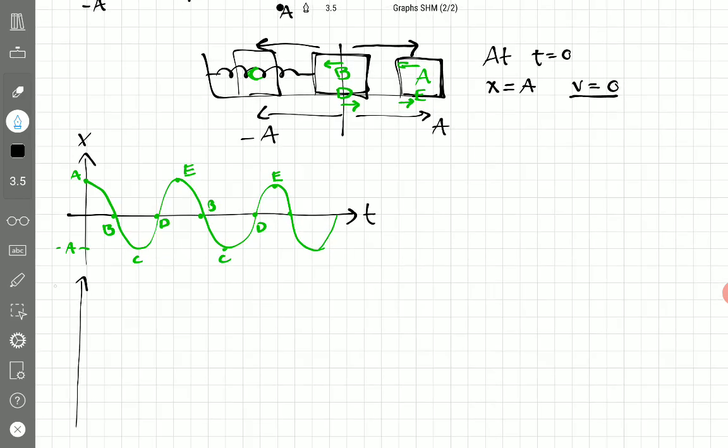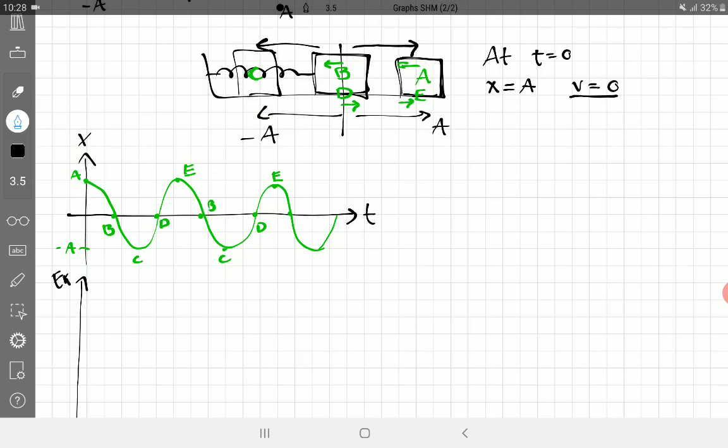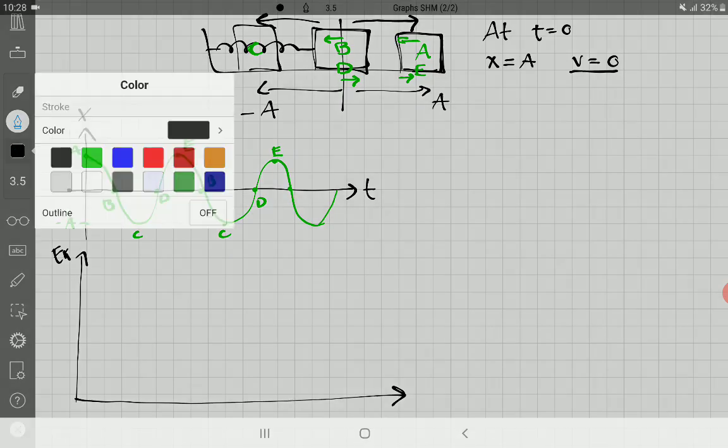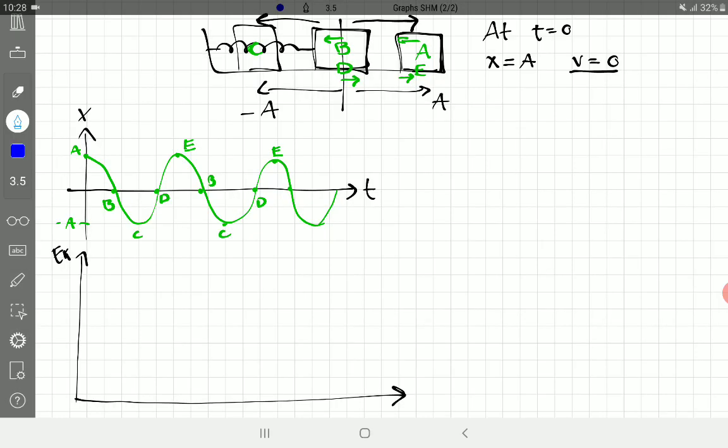Let's see how energy, let's say kinetic energy versus time changes. So let's look at energy and identify some points.